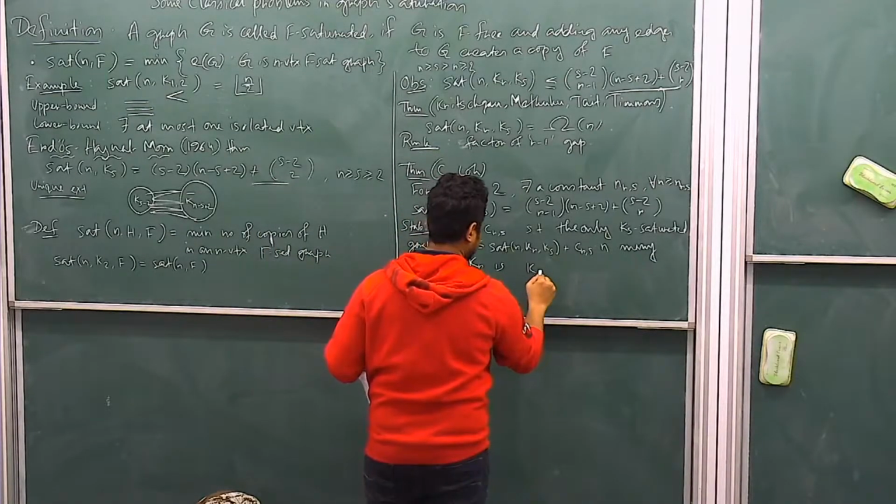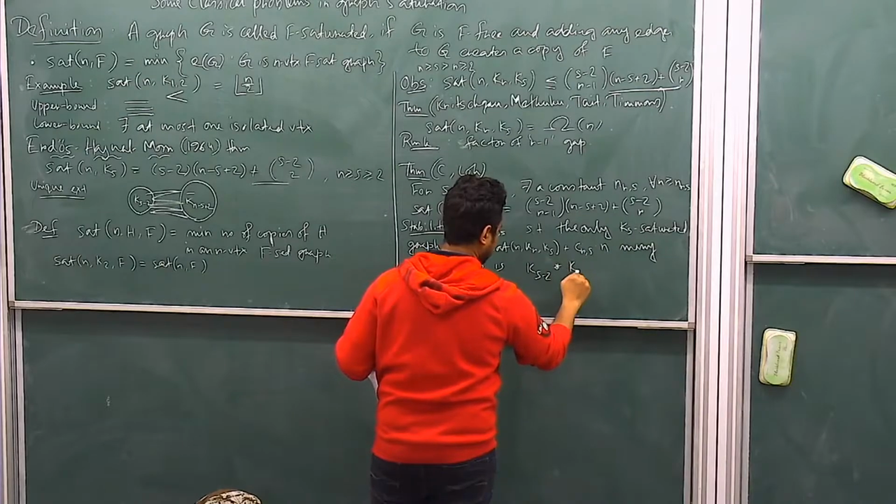Let's just write it in this way: K_{s-2} join the complement of K_{n-s+2}.